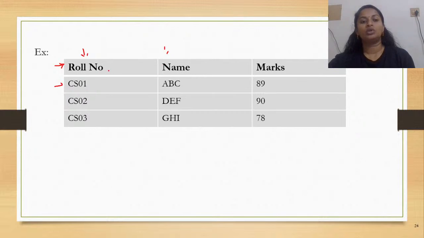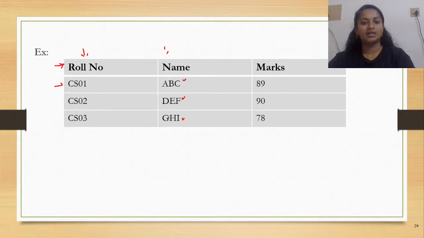You have columns for roll number, name and marks, and each row is the details about a particular student. The first row is about the student ABC, followed by the students DEF and GHI, right? So each row can be considered a record of information. This is how things would be interpreted.